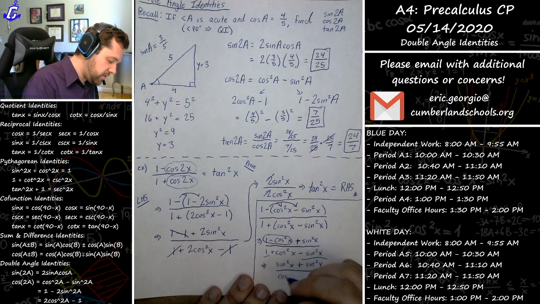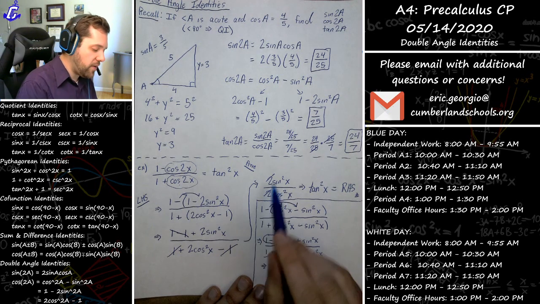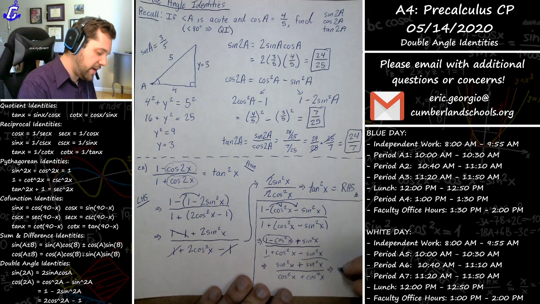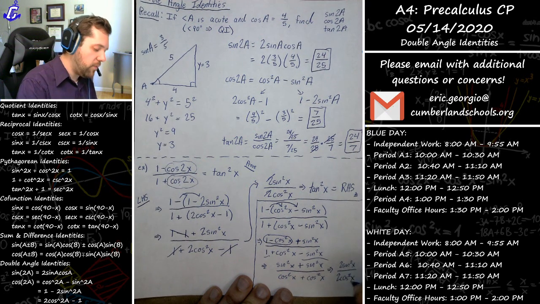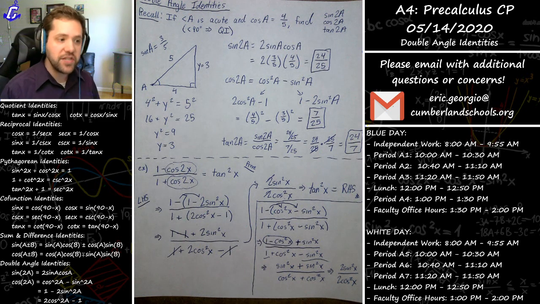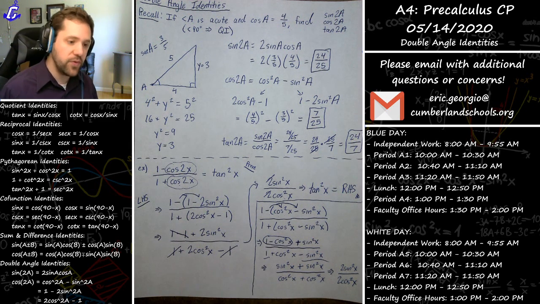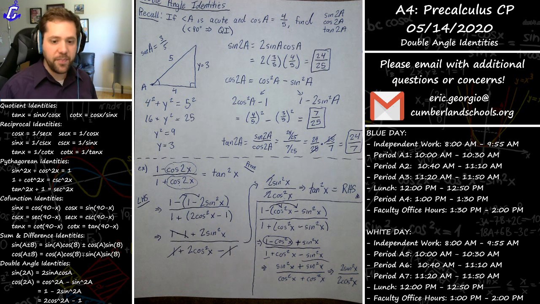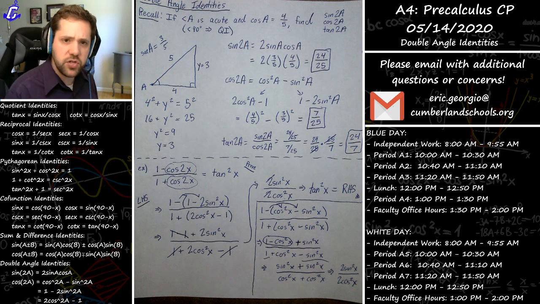So I'd get cosine squared of x plus cosine squared of x. And then it would all come together back to this step. Sine squared plus sine squared is 2 sine squared. And then cosine squared plus cosine squared is 2 cosine squared. And we're right back to this point here. So by picking the other variations, you can still complete the proof. Sometimes it may require more steps or maybe fewer steps, but it should be possible.